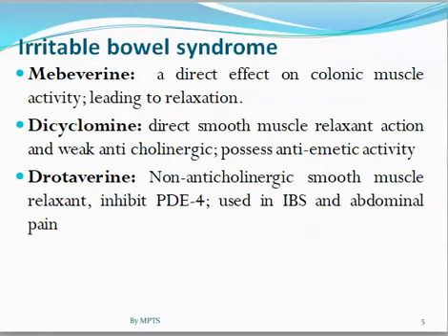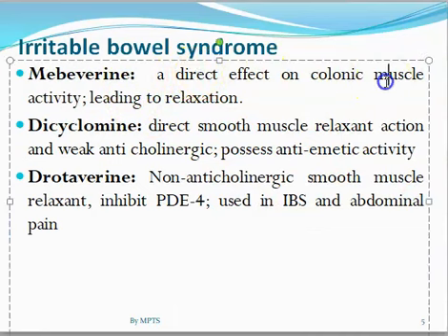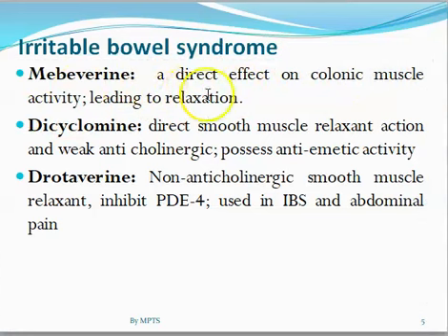Let me briefly explain them. Mebeverine has an effect on colonic smooth muscle activity, leading to relaxation. Dicyclomine is a direct smooth muscle relaxant with weak anticholinergic effect, and of course it can also possess an antiemetic effect.